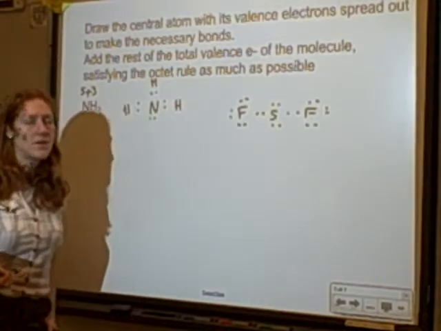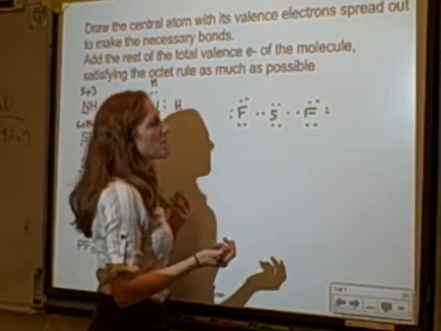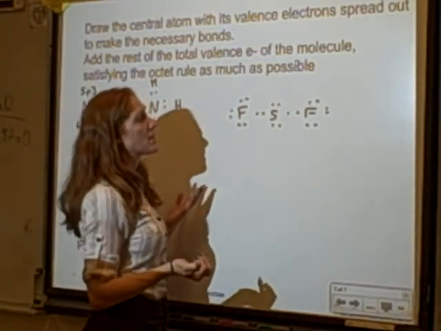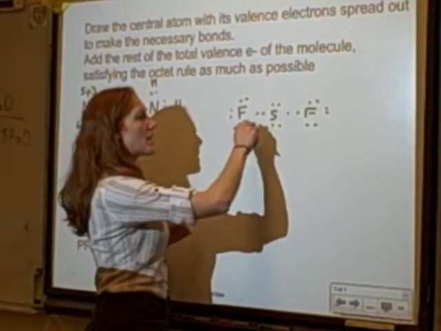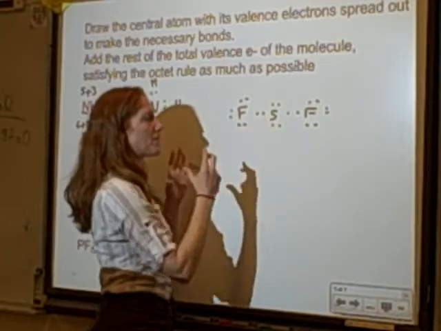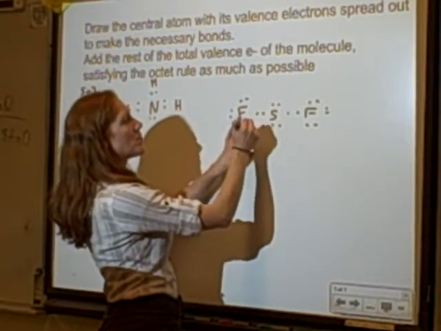What I was doing there is I was spreading the electrons out so that if I did have to make a double bond at the end, I would see that, like, well, fluorine has 6 electrons by it, sulfur has 6 electrons by it, I only have 1 more electron pair, so if I needed to make a double bond, it would have been obvious.